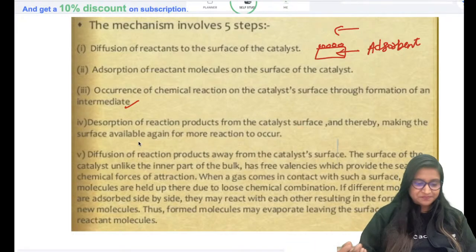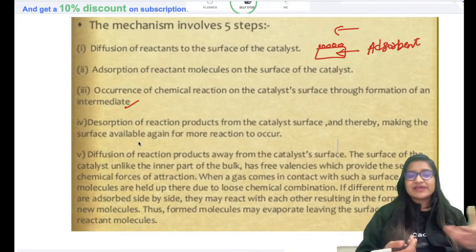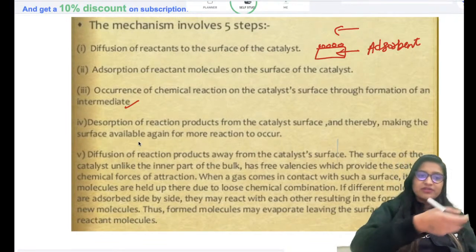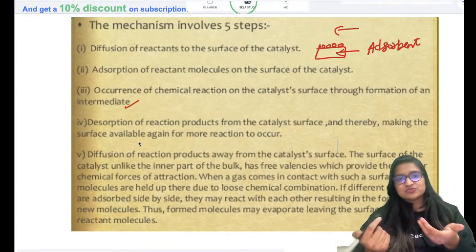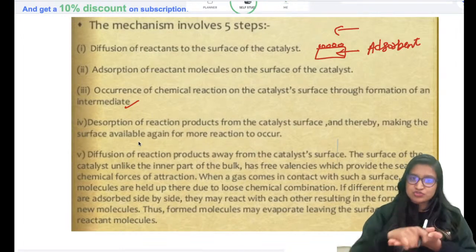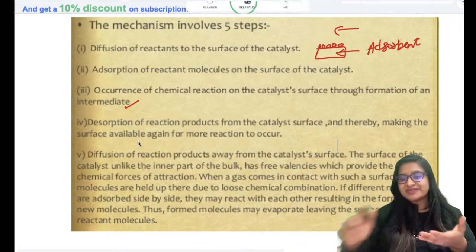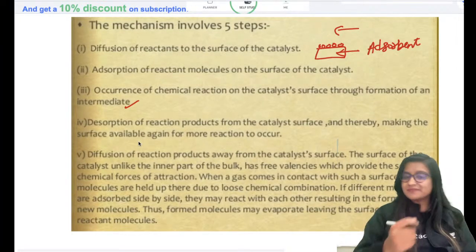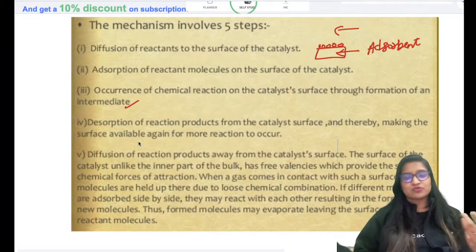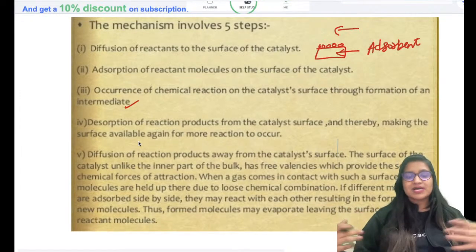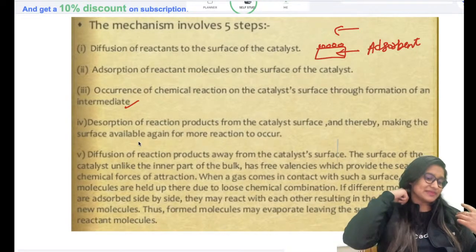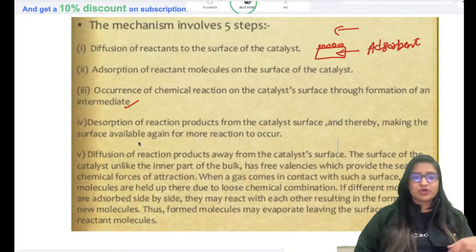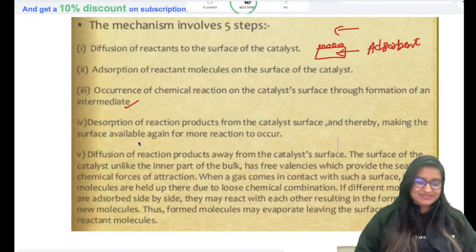If more reaction is to happen, more particles will again diffuse on the surface of the adsorbent, then again adsorption will happen, then again some chemical reaction, and this will go on till the reaction completes. Finally, there is diffusion of reaction products away from the catalyst surface.